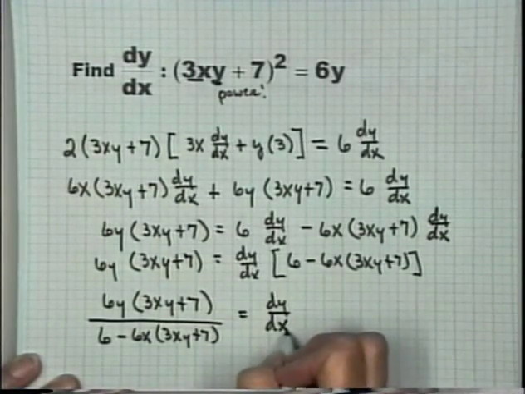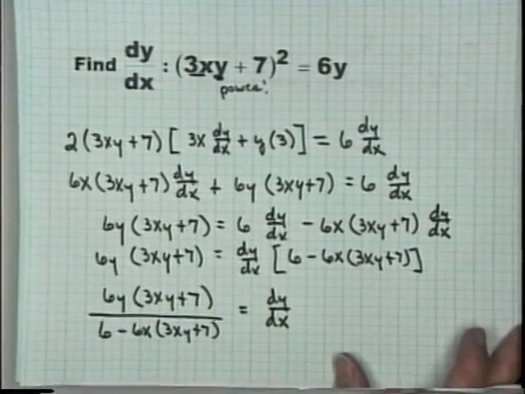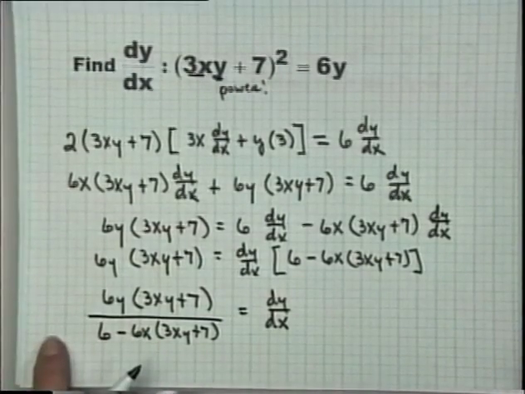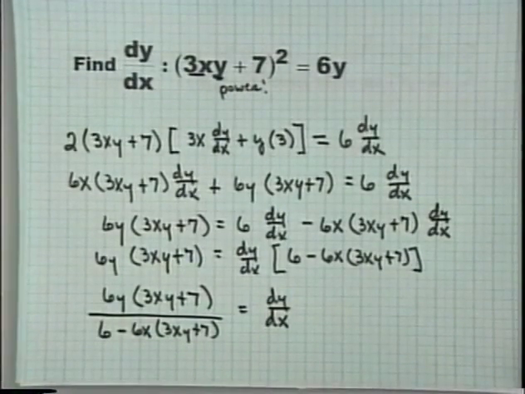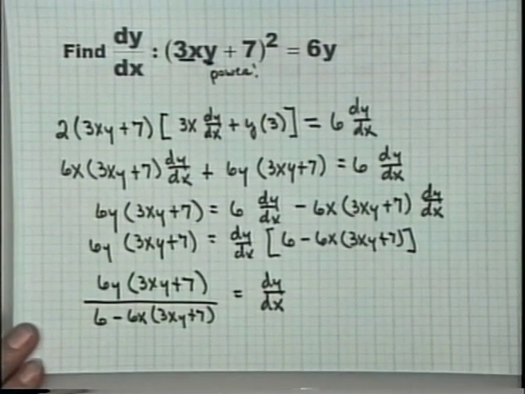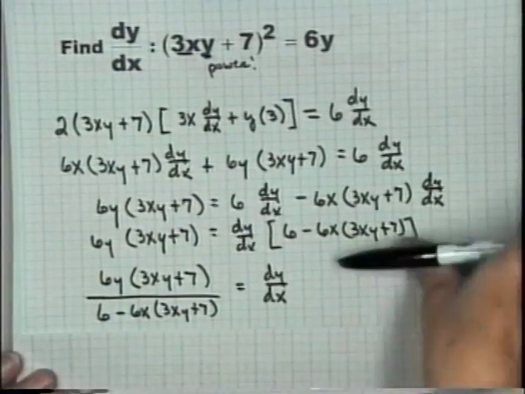Now, at this point, you could leave your answer in this format if you want to. The other thing, of course, that you could do is you've got a 6 here. If you wanted to factor out a 6 and cancel with this 6 here, we might at least do that. Let me get another little sheet of paper here so we've got room to show you that.